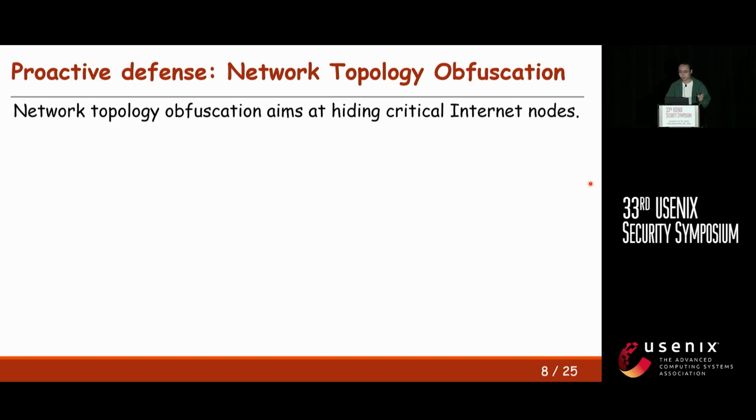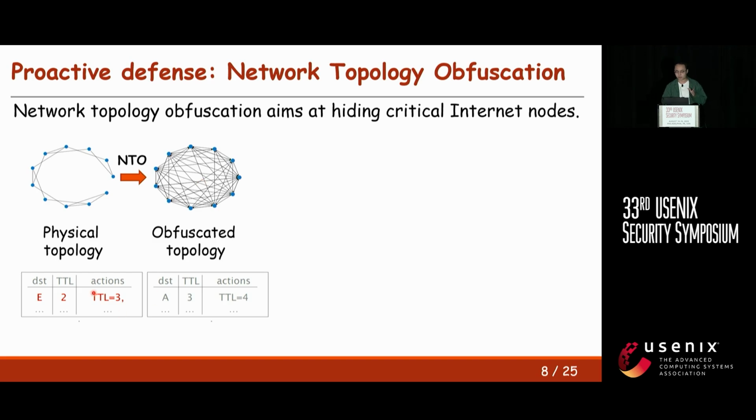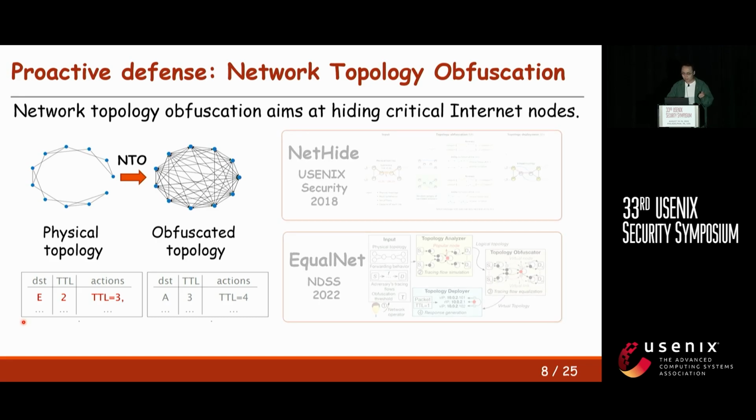Network topology obfuscation creates a complex and robust virtual topology to prevent attackers. For instance, there's a physical topology, and this is the obfuscated topology. So how do we implement the virtual topology in physical networks? The answer is to manipulate the traceroute responses. For example, we could change the time to live of packets with programmable devices such as P4 and SDN switches to skip some nodes.